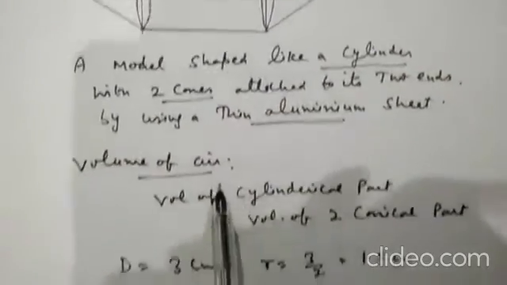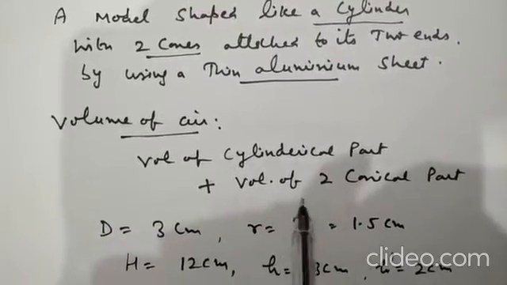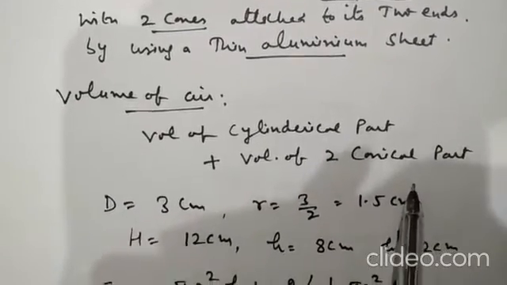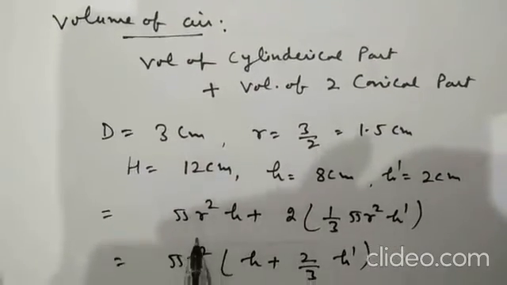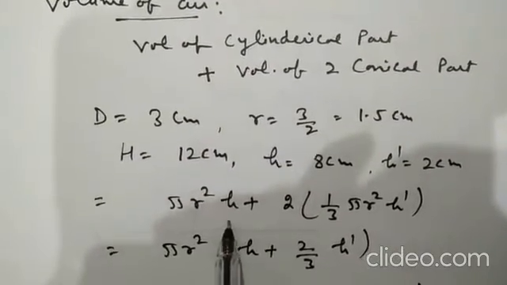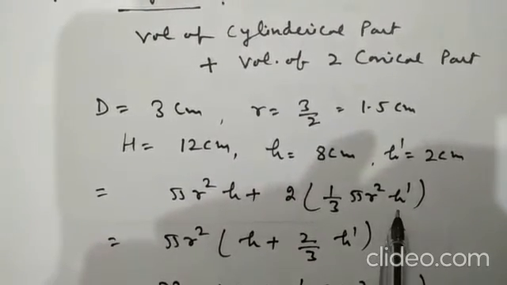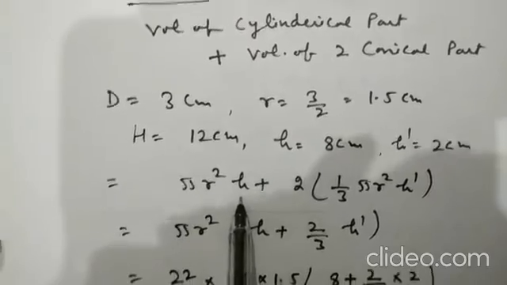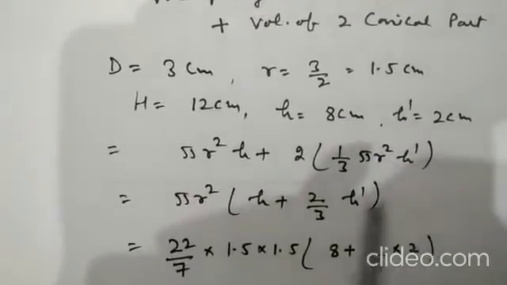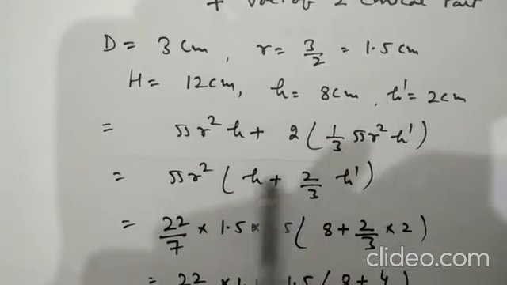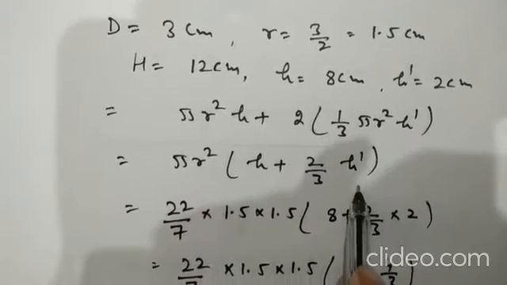So volume of air contained, volume of cylindrical part plus volume of two conical part. Now measurements are given to us. So volume of cylindrical part is pi r square h plus twice the volume of cone 1 by 3 pi r square h dash. H is height of cylindrical part and h dash is height of conical part. Now pi r square common, we are left with h plus 2 by 3 h dash.